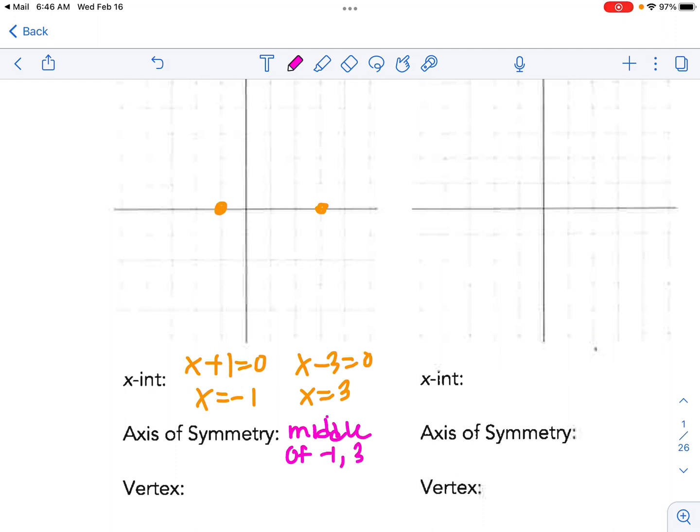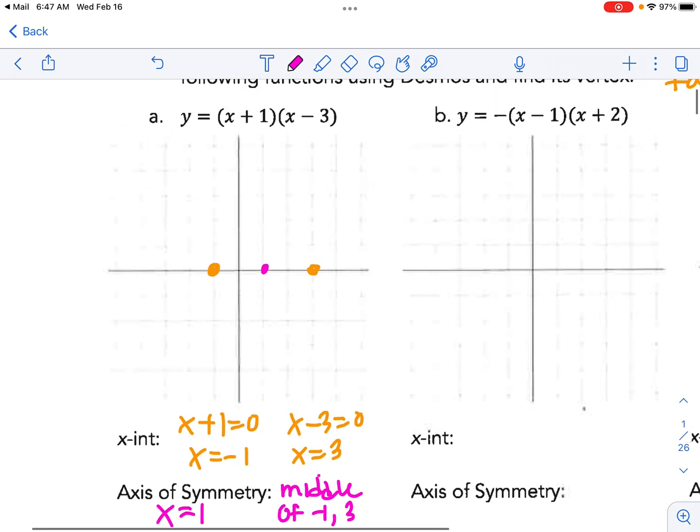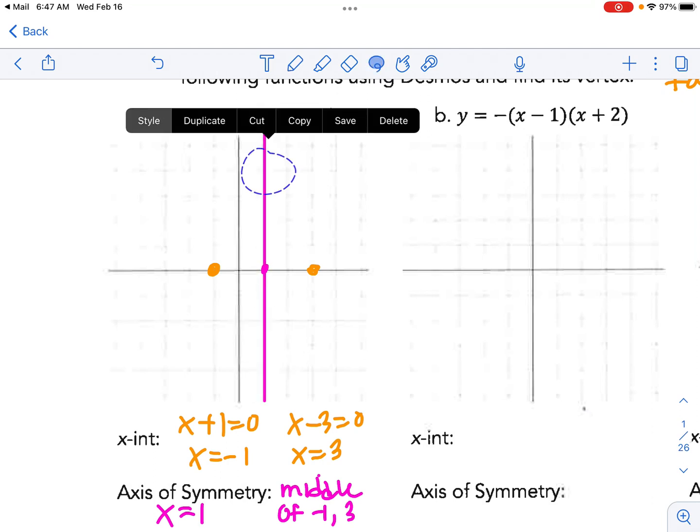Okay, so if we go right in the middle, that makes it right there. So if you notice, this location is 2 away from that point and 2 away from that point. So the axis of symmetry is x equals 1. It's right between those two. We need that line of symmetry to be right down the center of the quadratic.